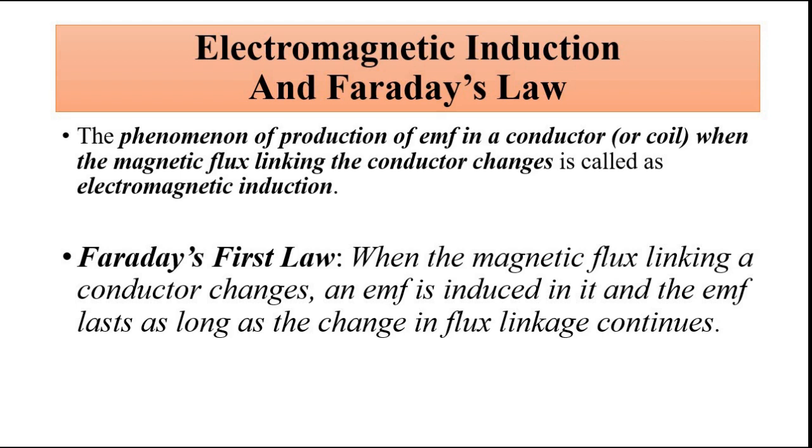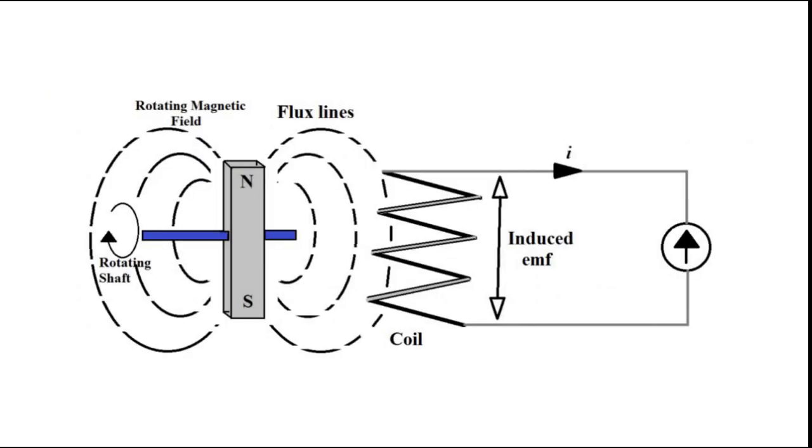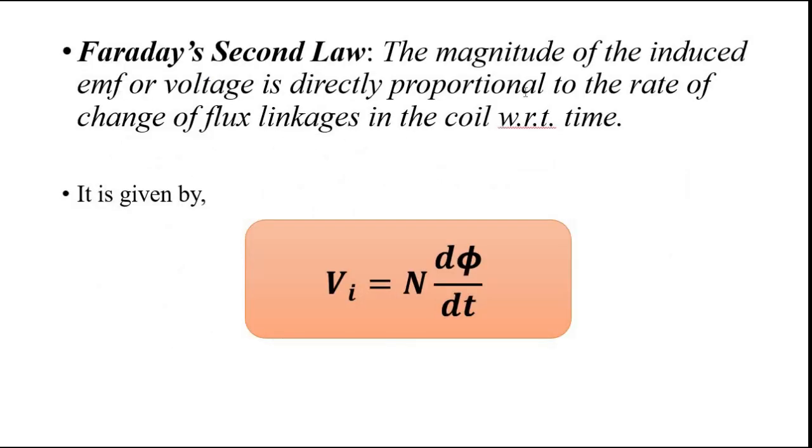So Faraday's first law is simply the phenomenon of electromagnetic induction. Faraday's second law states that the magnitude of the induced EMF or voltage is directly proportional to the rate of change of magnetic flux or the flux linkage with the coil with respect to time. So simply, Faraday's second law gives us the expression of the induced EMF.